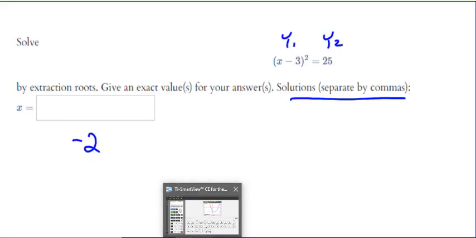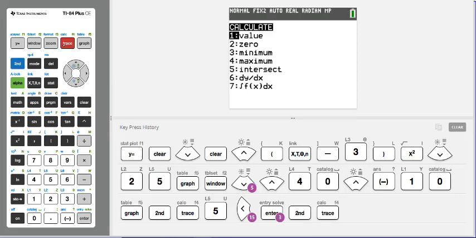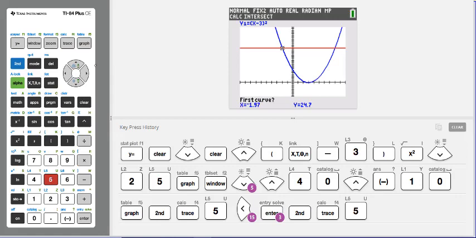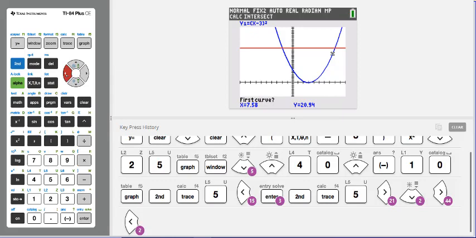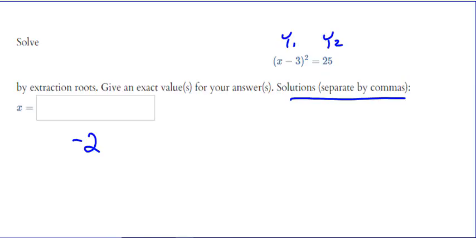Now I'm going to hit second trace, do it again, and move it over. You've got to hit it quite a few times here. All right, keep going, keep going. All right, back. There we go. Enter, enter, enter, and it's at 8. So the other solution is 8. So those are the 2 solutions for this particular equation, okay?